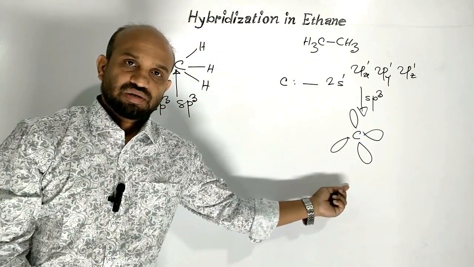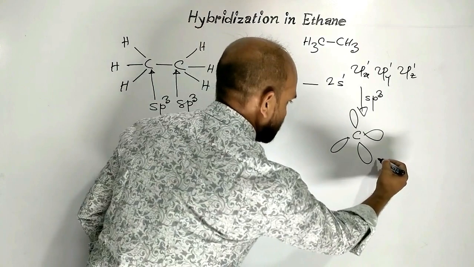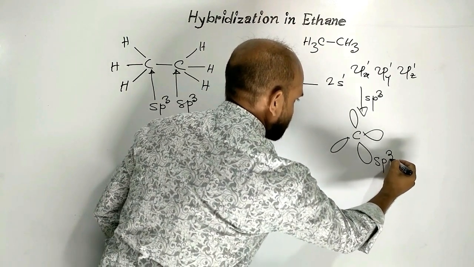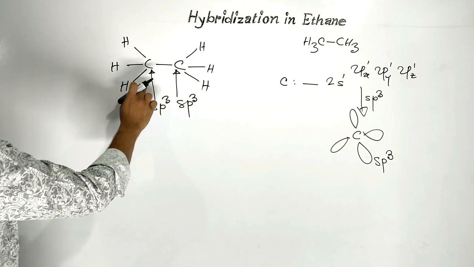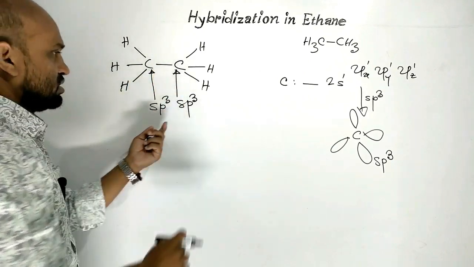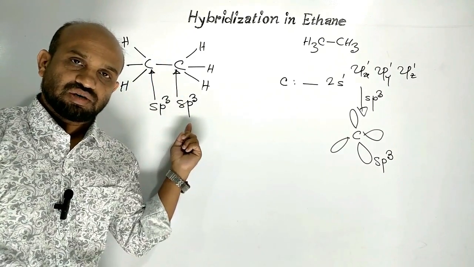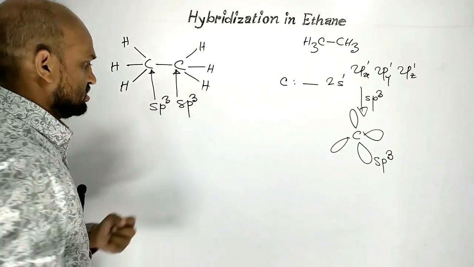All the orbitals are named sp3 orbitals. So this carbon and this carbon, both the carbon atoms are sp3 hybridized here.